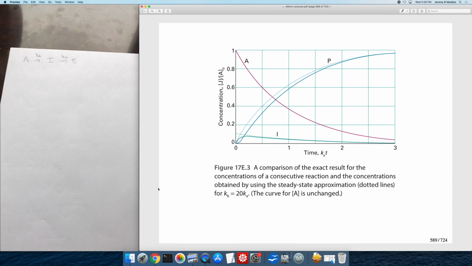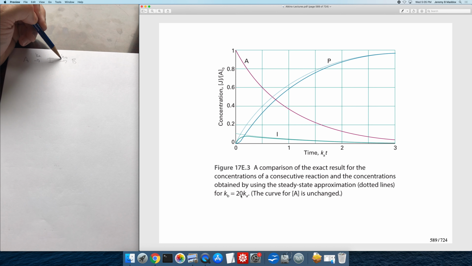So as soon as the intermediate forms, it reacts rather quickly because it has a large rate constant. And so as the reactant forms the intermediate, the intermediate reacts right away.